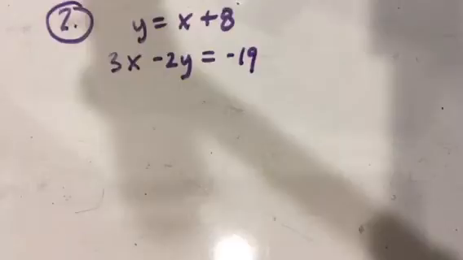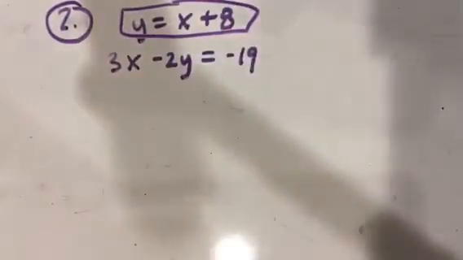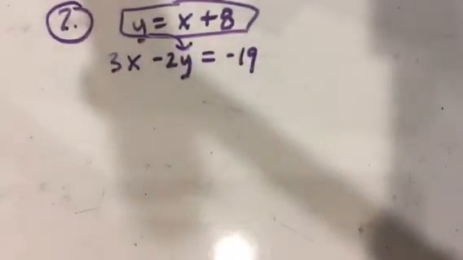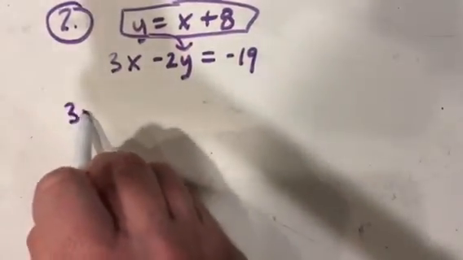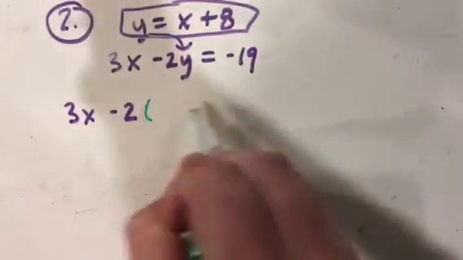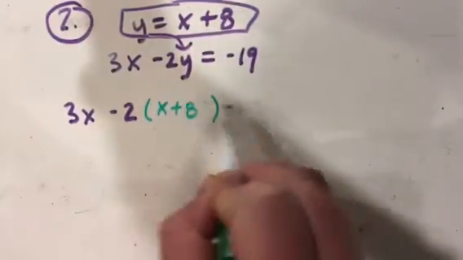Now when you look at this problem, I don't know what method you like best, but immediately when I have one equation that's already solved for one variable, that makes me think substitution. So I'm going to do a y for y swap. So as I follow the rule of the second equation, it's 3x minus 2, but I'm not going to put y in there. I'm going to use what I now know y equals, which is this stuff, x plus 8.